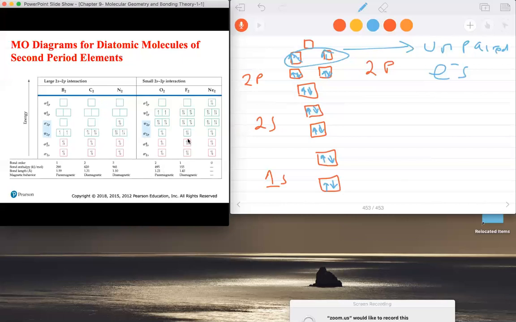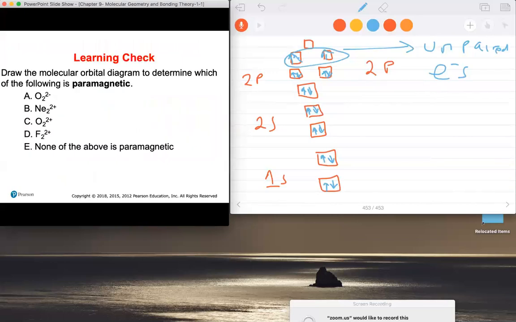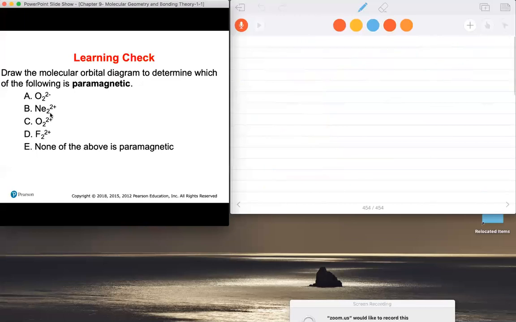When it comes to ions, we have just been looking at the neutral atom. Suppose you are given molecules with an overall charge, how are you going to handle them? Recall, an extra negative indicates an extra electron, and an overall positive charge means we are less by electrons. So in A, this has 18 electrons.